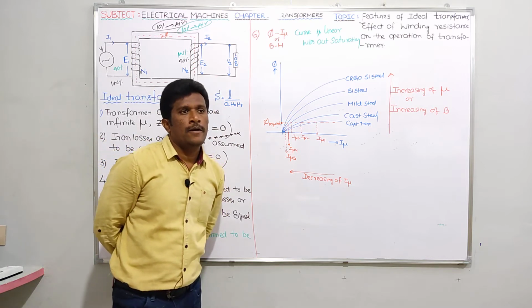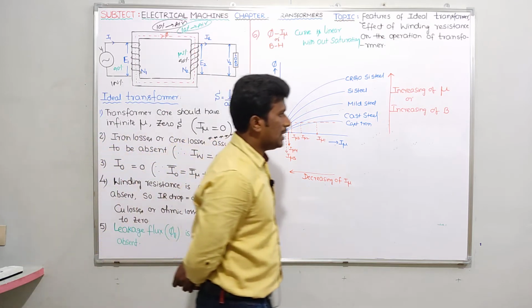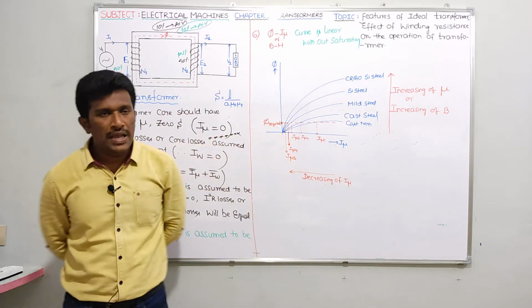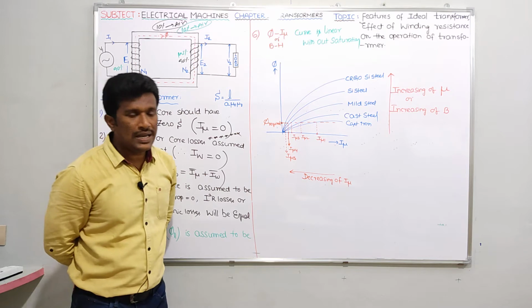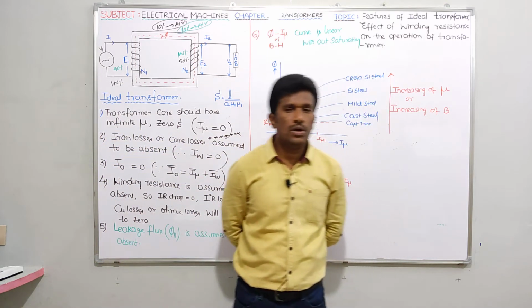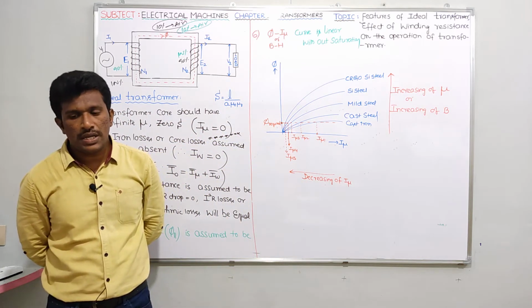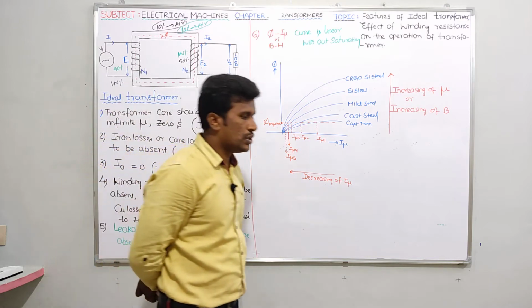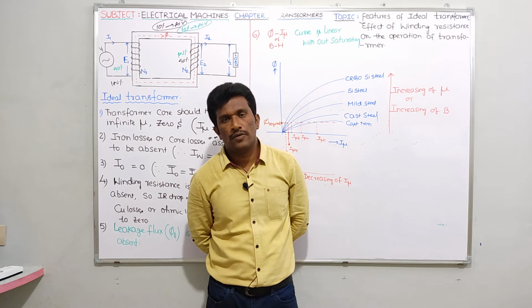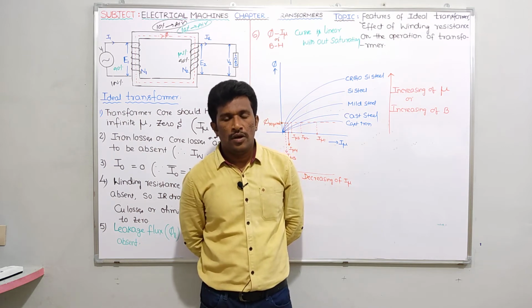But practically, the phi versus I mu curve is not linear, because of saturation and non-linearity of the magnetic material.